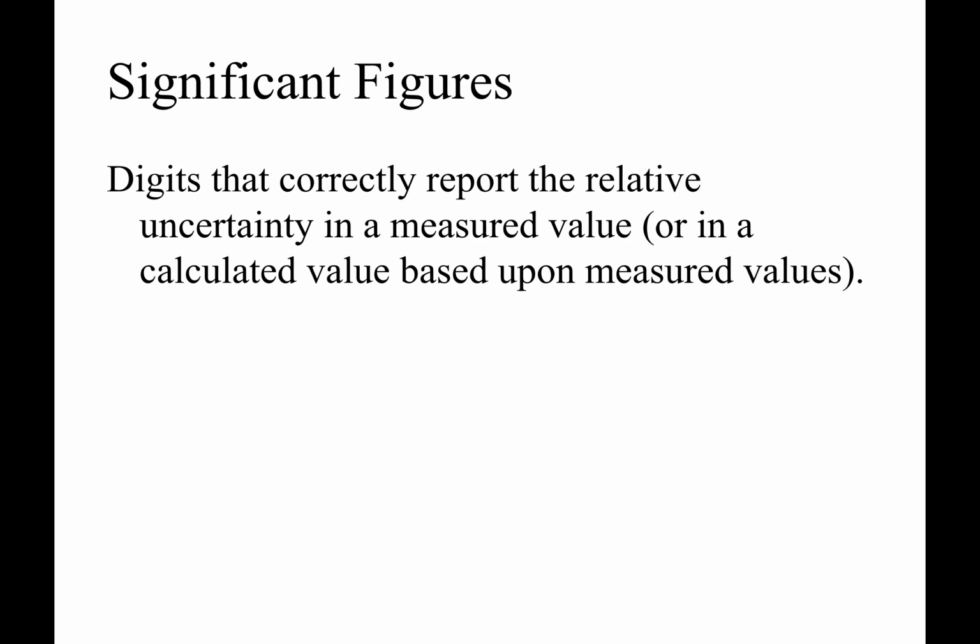I need you to estimate between the gradations. So if the gradations are a tenth of a centimeter, I'm going to have you go to a hundredth of a centimeter. That's what I mean by relaying the correct information about your measurement. Be proud of your measurement and relay it correctly.